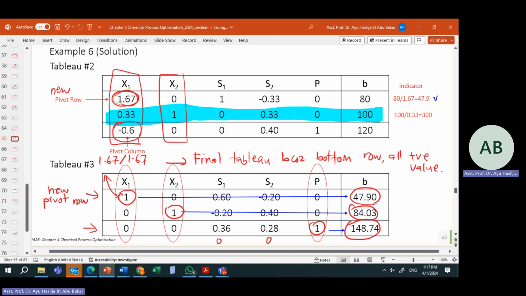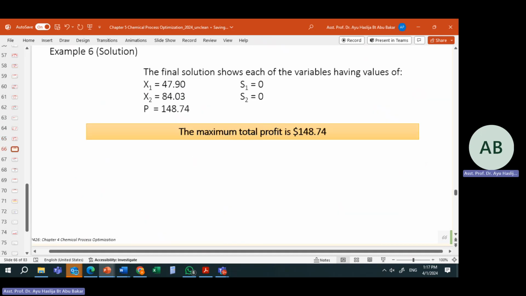Okay, you should not end your answer at the final table. You should conclude. After you find the final tableau, conclude your findings. What are the values of x1, x2, and p?